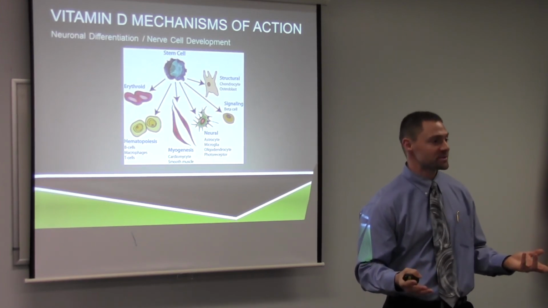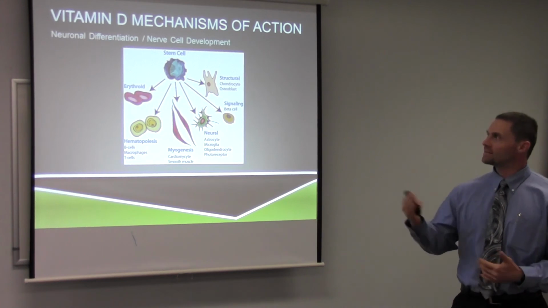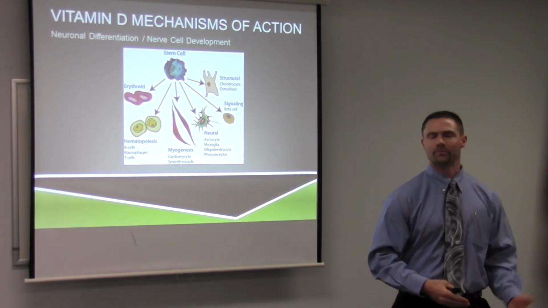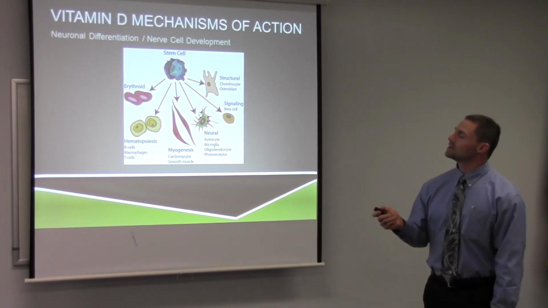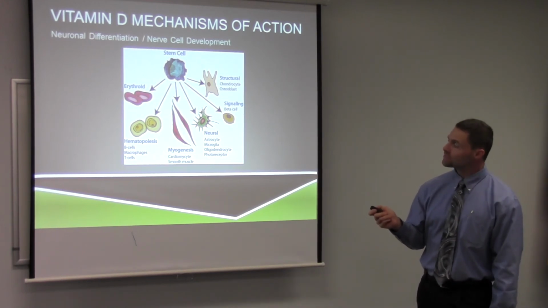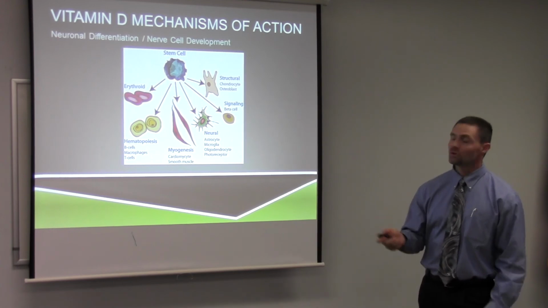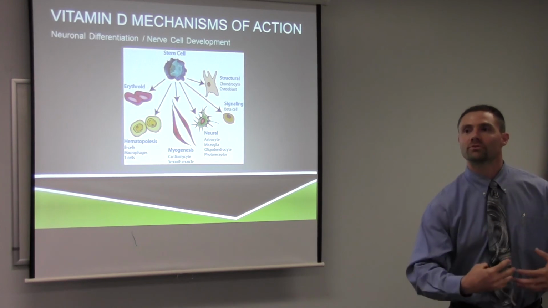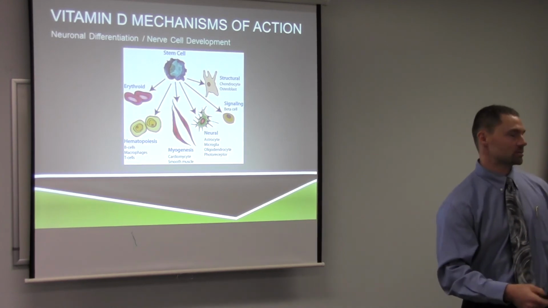That's your stem cell. But at some point, that stem cell has to make a decision, like that college student, of what it's eventually going to do. So what vitamin D does is it actually helps these stem cells differentiate into nerve cells, right? So it's needed to continue to proliferate nerve cell generation here.